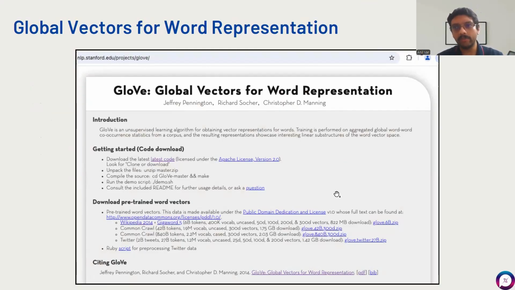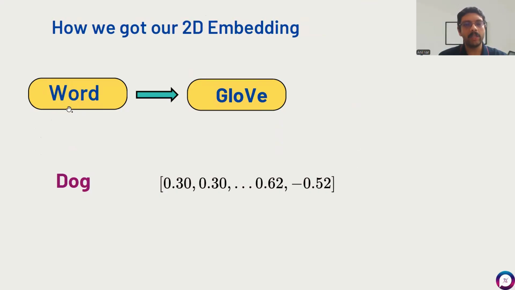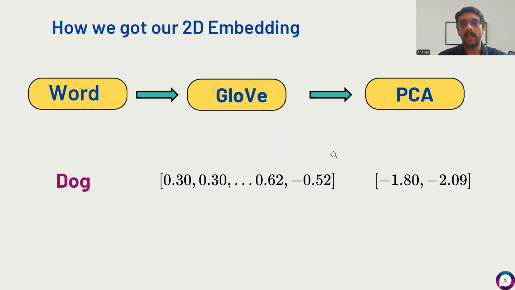Now, we'll do a separate video on how GloVe works as part of a course on vector embeddings. But just to give you an idea, I took GloVe, and it gives you a 100-dimensional vector. Then I used what is called principal component analysis, which is a way to take a set of vectors and reduce them to a smaller size vector that captures the essence of it.